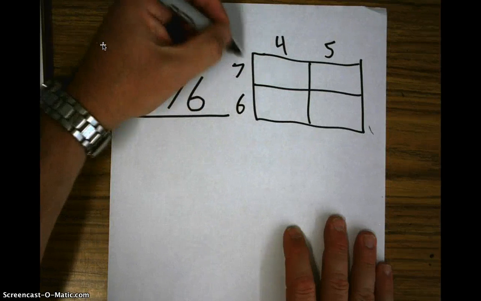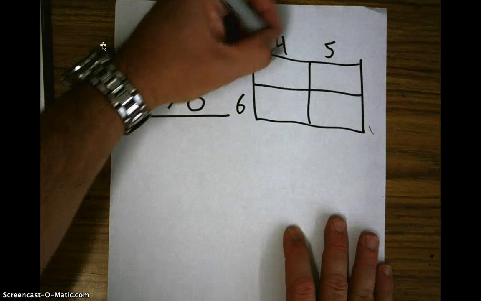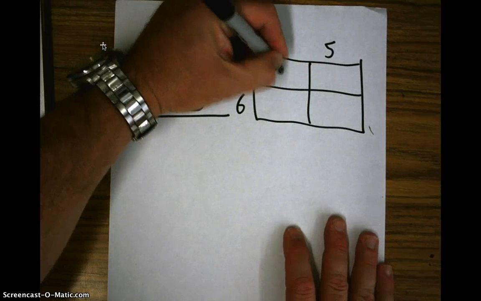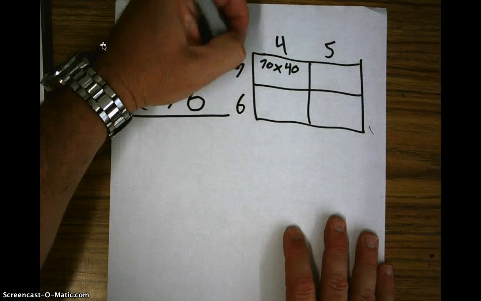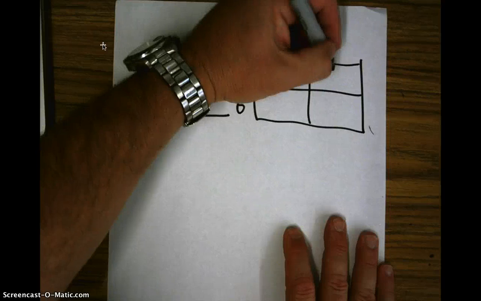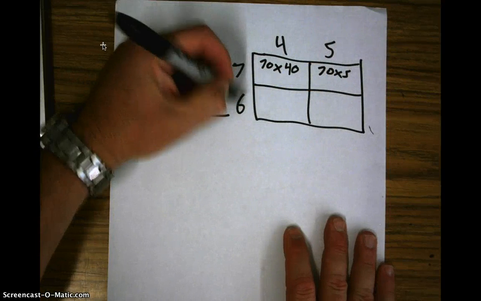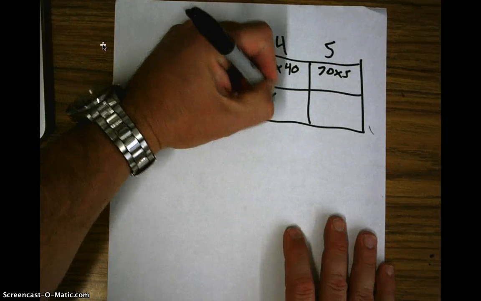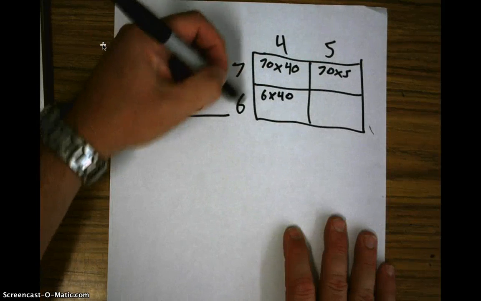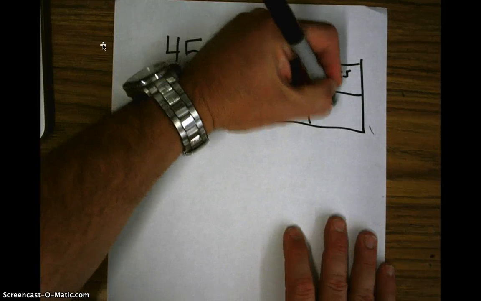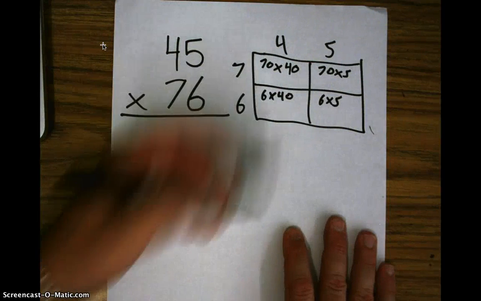And of course this was 70 times 40, rather. This was 70 times 5. This one was 6 times 40. And this one here is 6 times 5. So that was the box method, and then you would work each one out and add them all up.